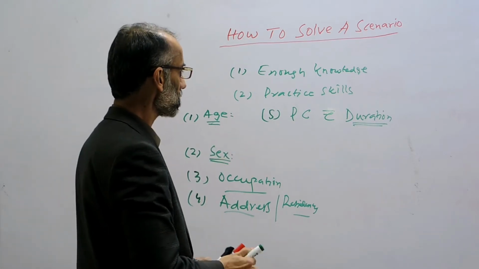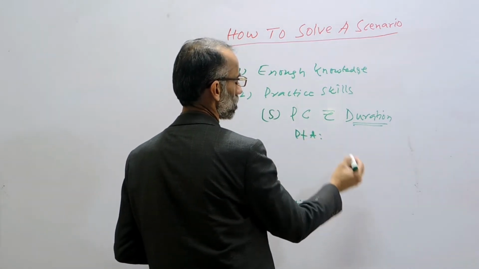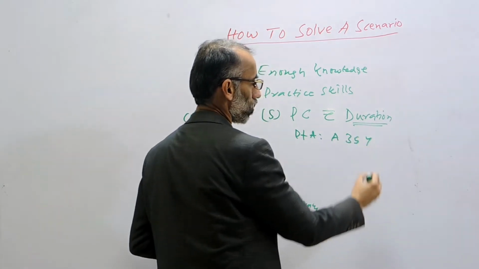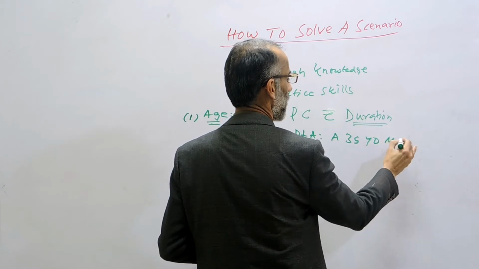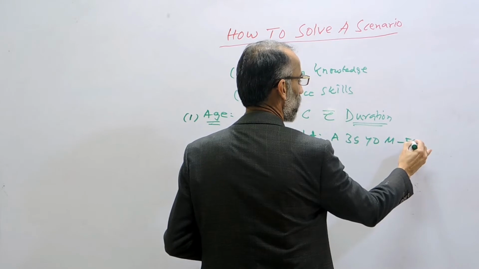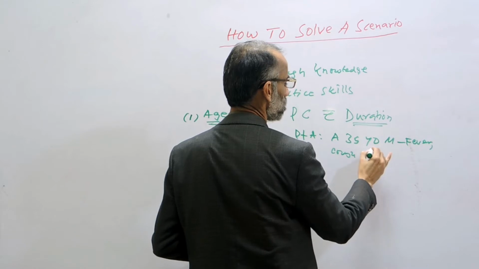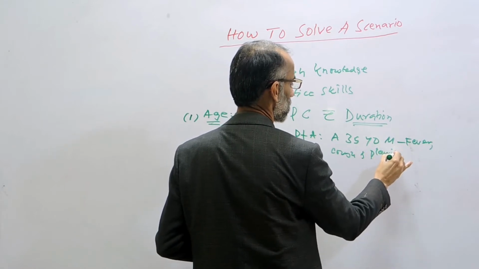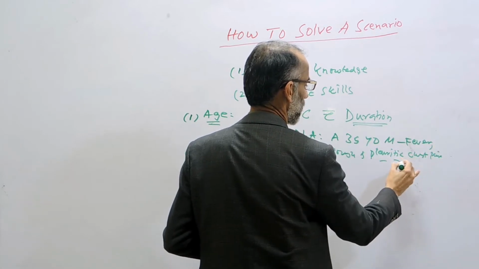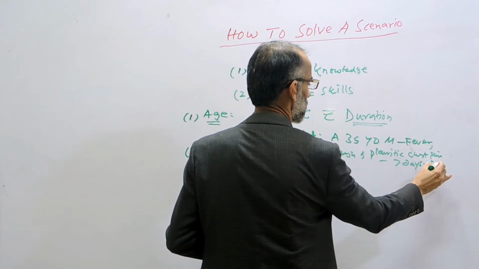For example, patient A, a 35-year-old male, presented with fever, cough, and pleuritic chest pain for the last 7 days. What is the diagnosis?